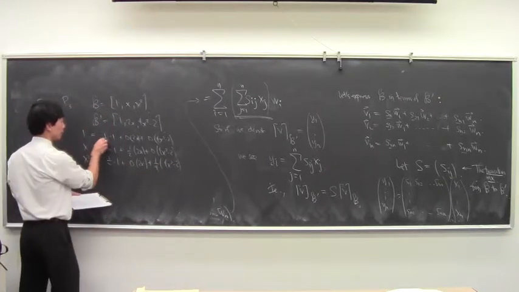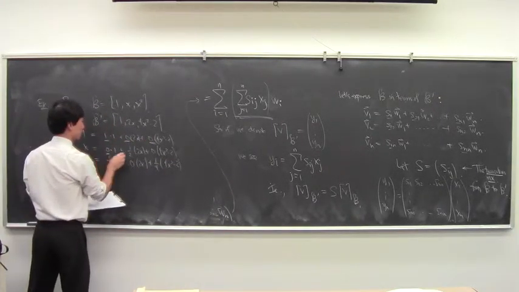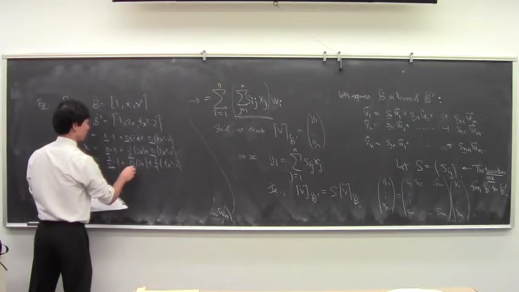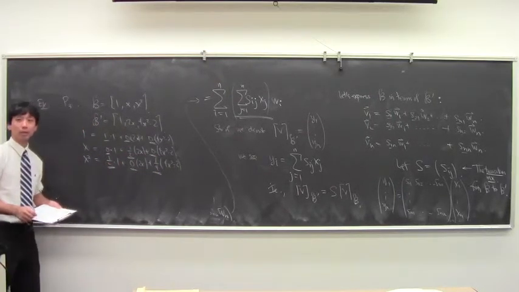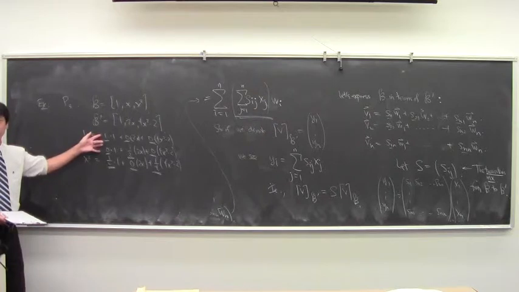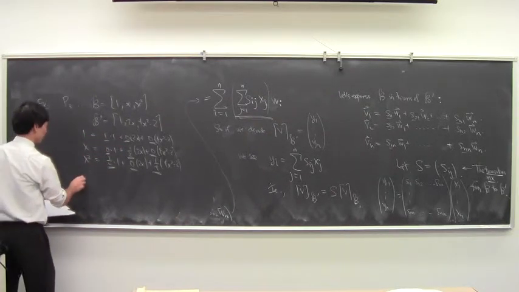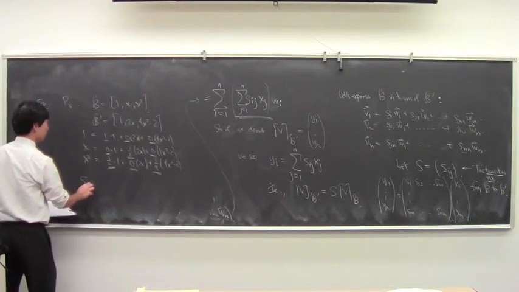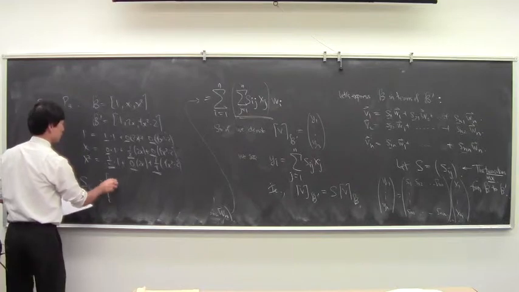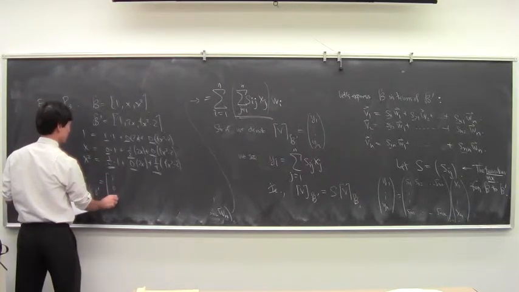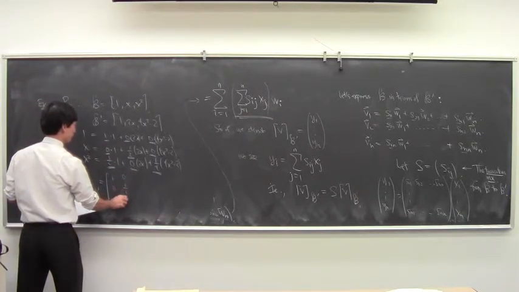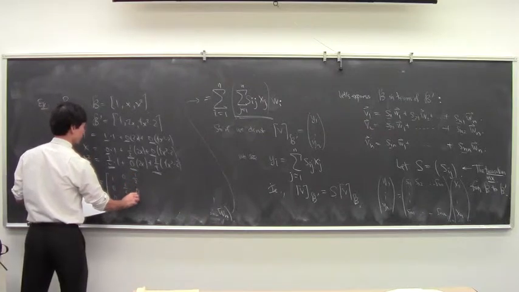Okay, so you get 1, 0, 0, 0, 1/2, 0, 1/2, 0, 1/4. Right? And you take the transpose of that to get your transition matrix, as we say. So the transition matrix going from B to B prime is going to be the matrix that's the transpose: 1, 0, 0, 0, 1/2, 0, 1/2, 0, 1/4.